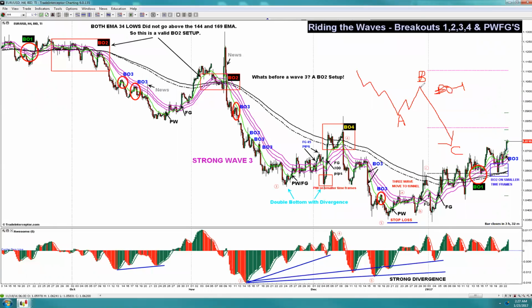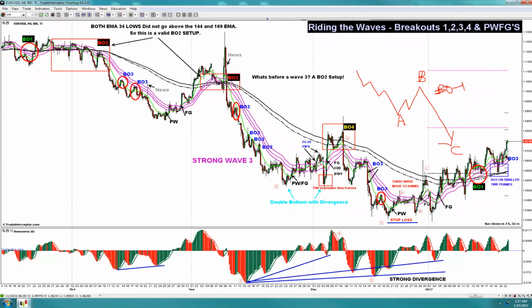The wave 4 and the wave 2 could be good for the PW fill the gap setup. Absolutely, Fabian, they could be good, especially the wave 4. The wave 4 PW fill the gap is more likely than the wave 2.